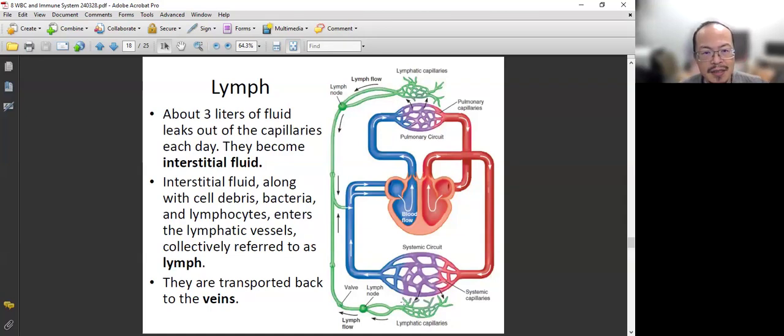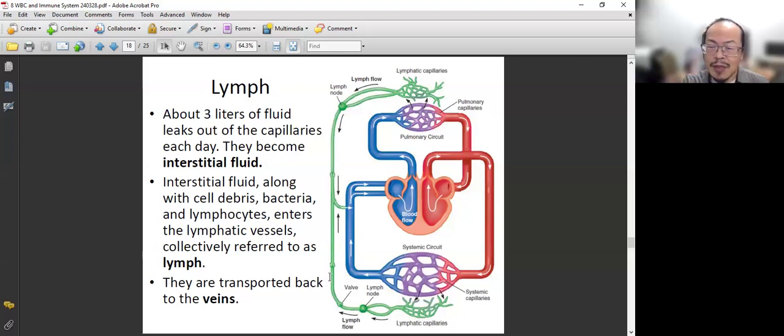This excessive fluid is called excessive interstitial fluid. This is extracellular fluid, outside of cells, floating between the organs and between the tissues. This excessive fluid will go into the lymph, and inside it you will have the fluid. You don't have red blood cells; red blood cells are not going out. But you do have cell debris. You may accidentally capture virus and bacteria. These will go in here, and then they will go through a lot of lymph nodes.